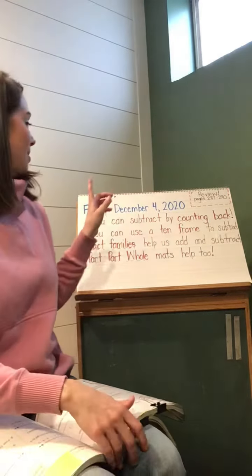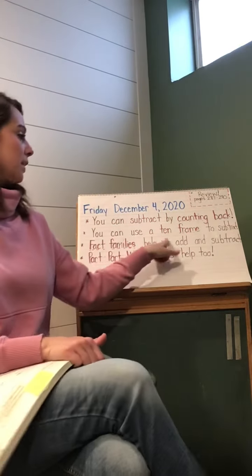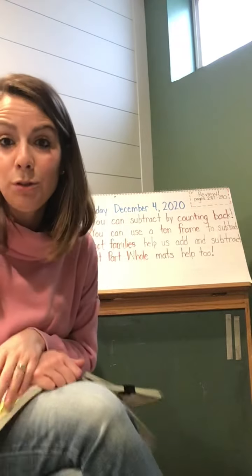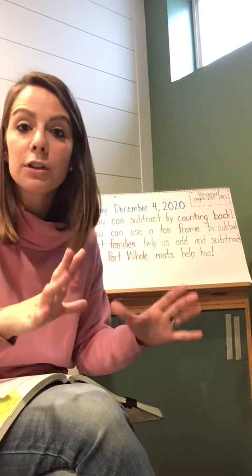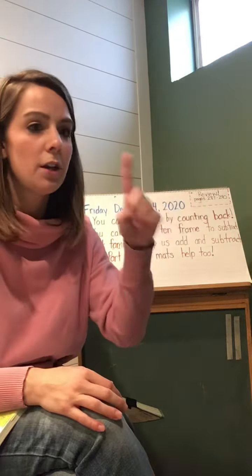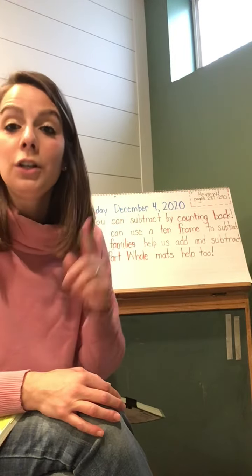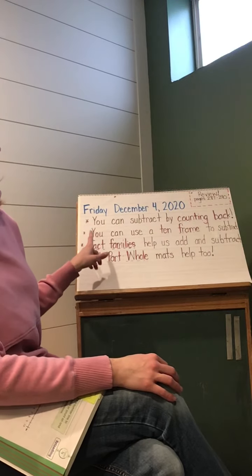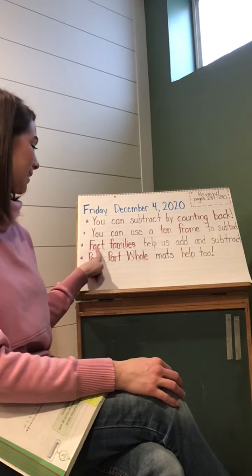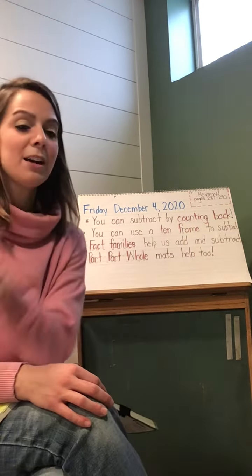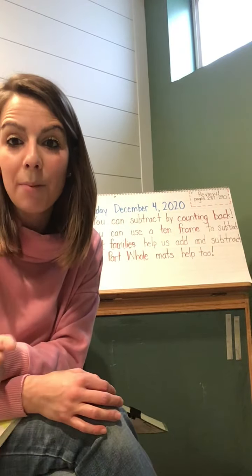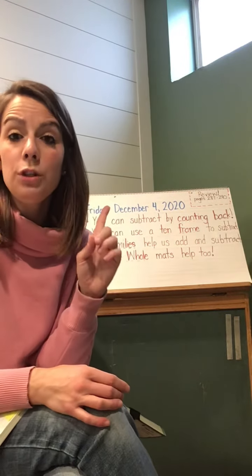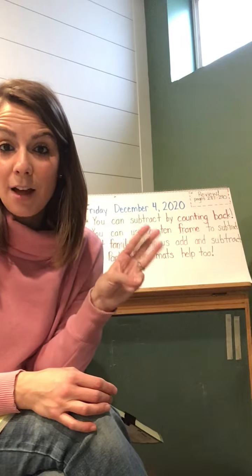Okay, the next thing. Remember, you can use that 10 frame to help you subtract. If you have your counters in your 10 frame, you can cross off the ones you're subtracting, and you can see how many you have left. You can also use your fact families. Remember, fact families were those problems where they told you the part, and the other, and the whole.